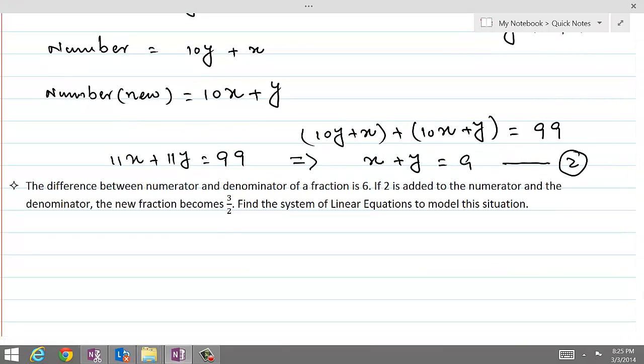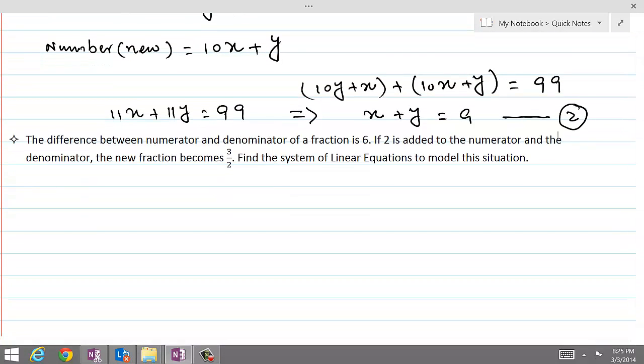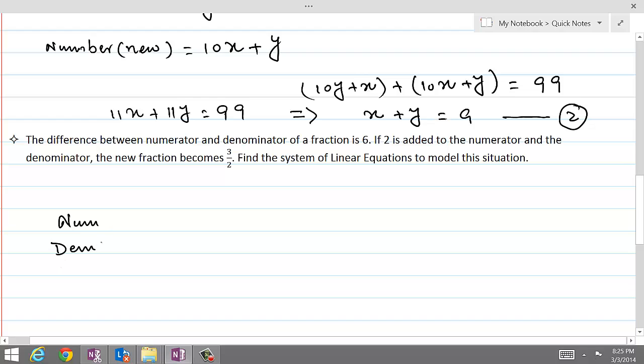Now, if we take a look at the next question, the difference between numerator and denominator. So obviously here, let's write down the numerator and the denominator.